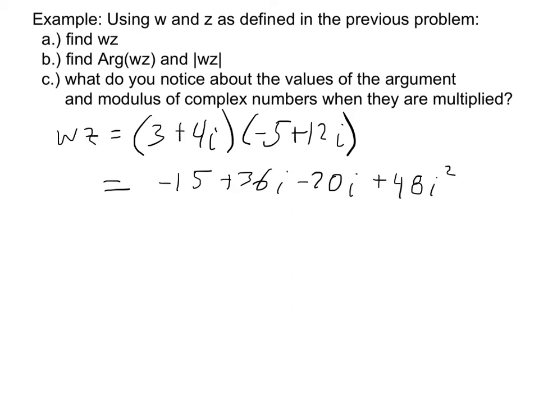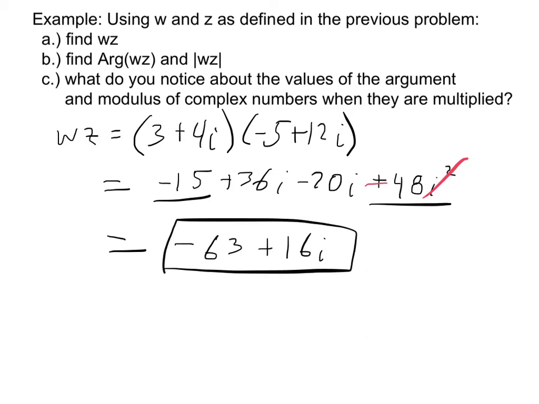Checking my work: 15, 36, negative 20, that seems alright. We've got negative 15 here, and this is going to be negative 48. So you'll end up with negative 63, because i squared turns this into a minus. These other two terms combine to give plus 16i. So great, that's my WZ.